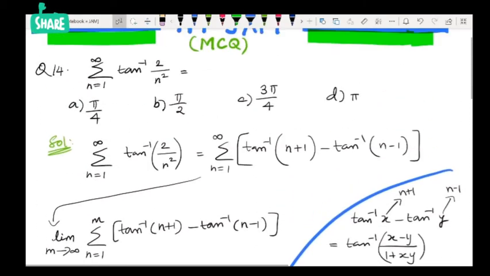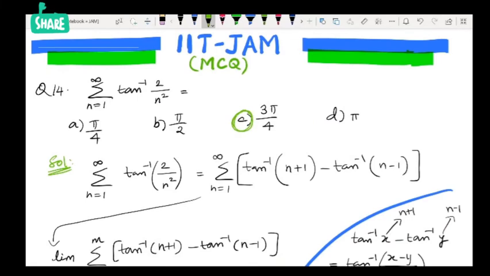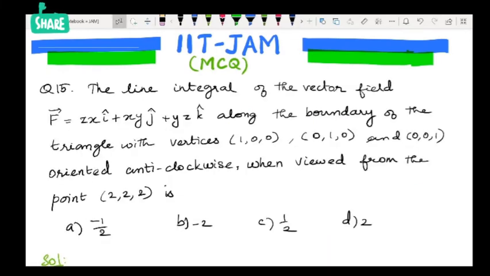Next question, we have a vector function f and the boundary of a triangle with vertices is given.